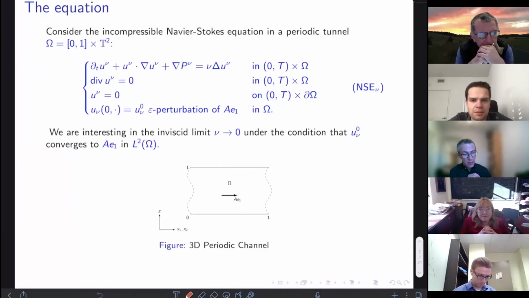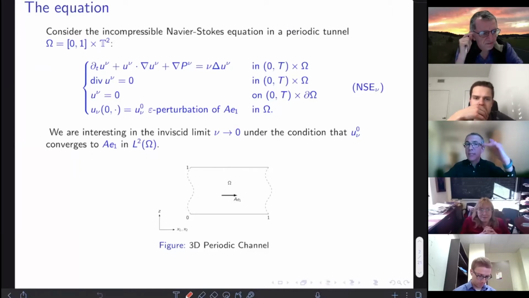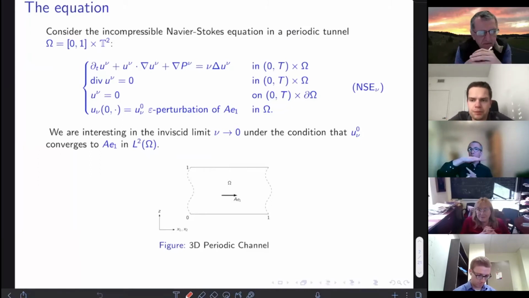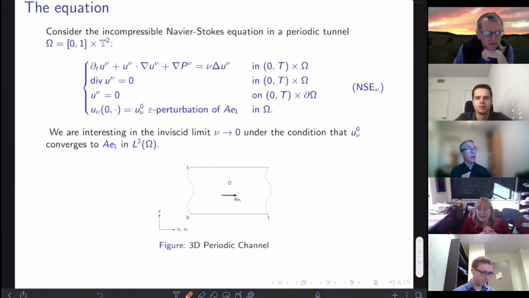This omega here, we'll consider with physical boundaries, so up and down, z equal to 0 and z equal to 1. The other variable is just periodic.